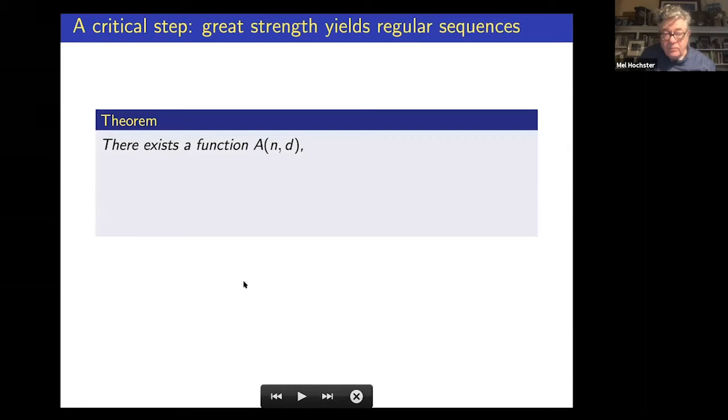So there's a really critical intermediate theorem about strength that's one of the key tools in the proof of this theorem. And so this is a new function that I'm talking about of n and d only, no reference to the field, no reference to the number of variables.